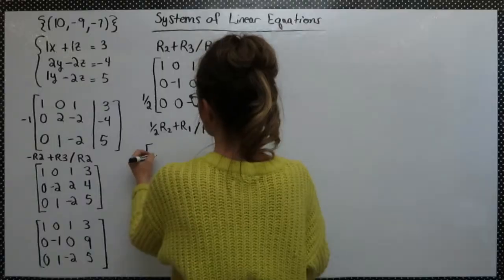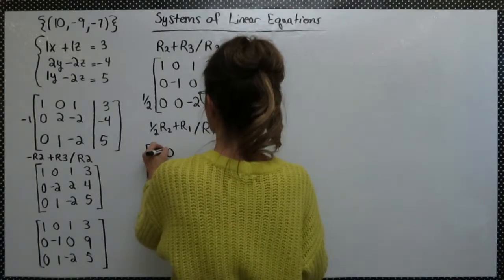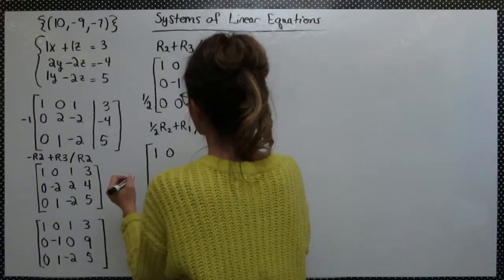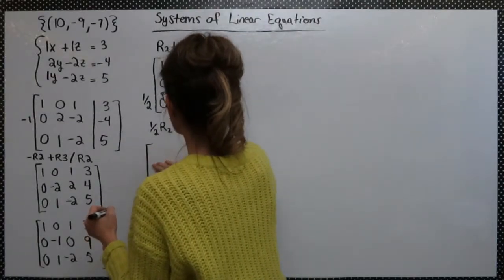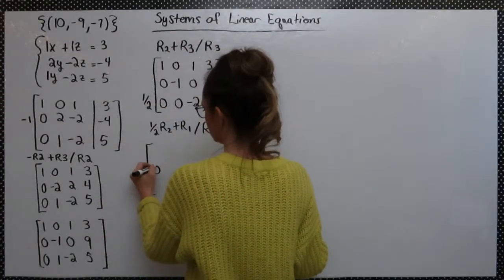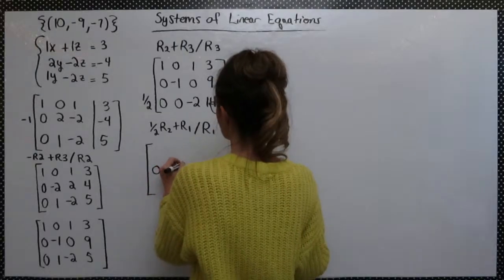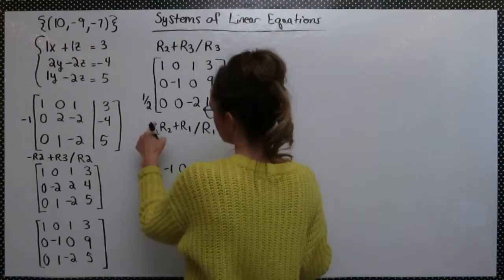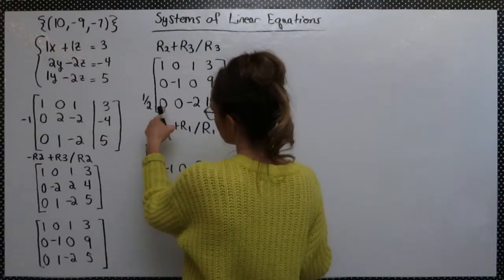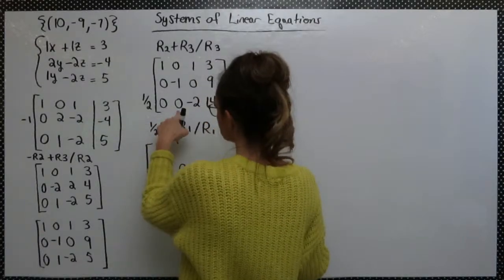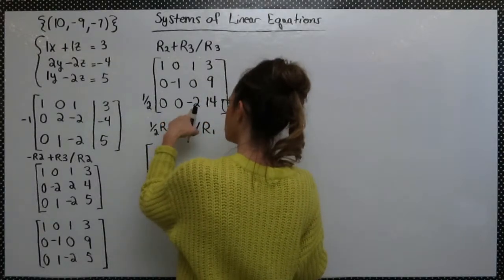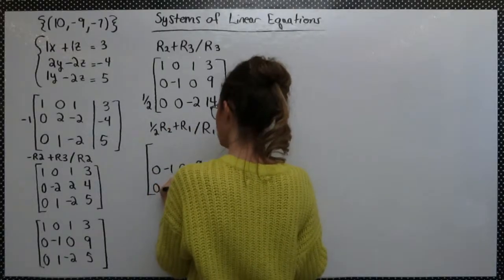All right, so we've got 1, 0, and let's not write this one in there yet because we're going to add and replace. We write the second row in: 0, -1, 0, 9, and then multiplying row 3 by the scalar. Anything times 0 is just 0, so those first two are 0. 1/2 times a -2 is -1.